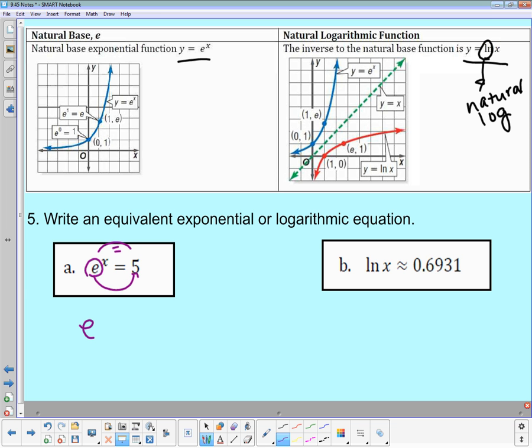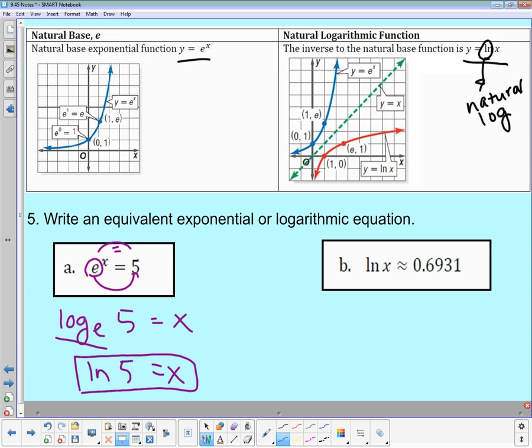So I'd have the log base e of 5 is equal to x. Well, in this case now, I know that the log base e has its own notation, which is ln. So ln of 5 is equal to x. And when you put that ln in there, you know that you're looking at a base of e, and you don't need to write the base of e.